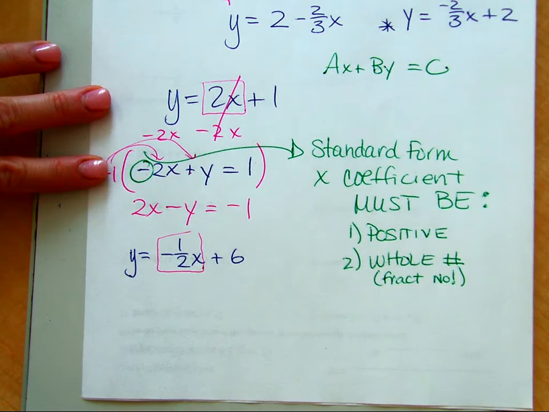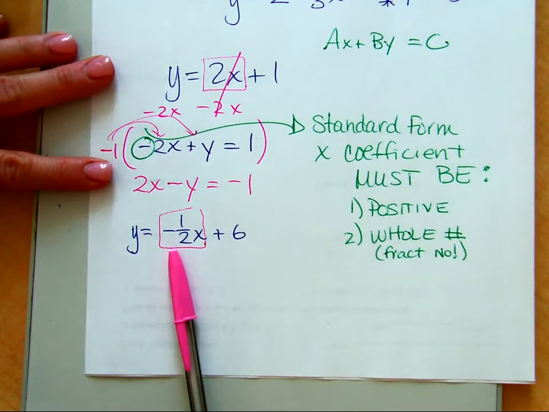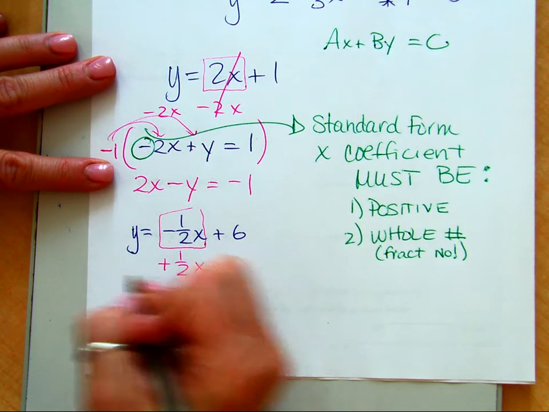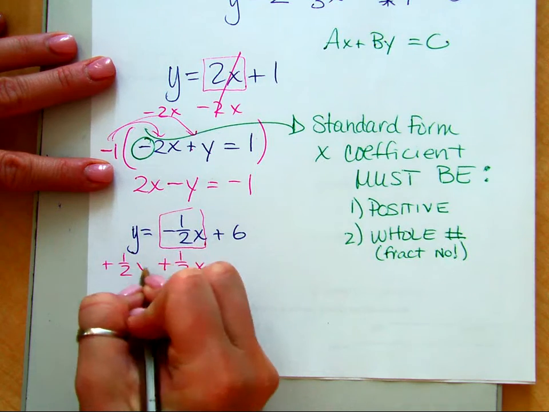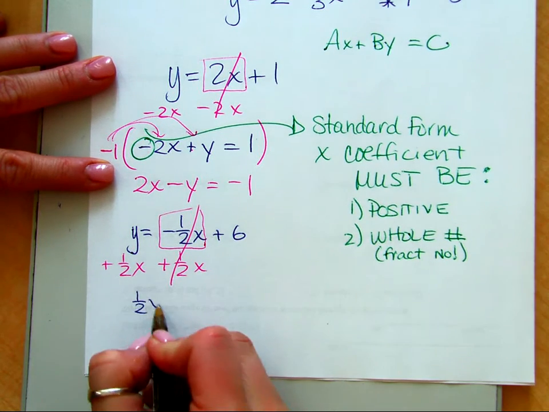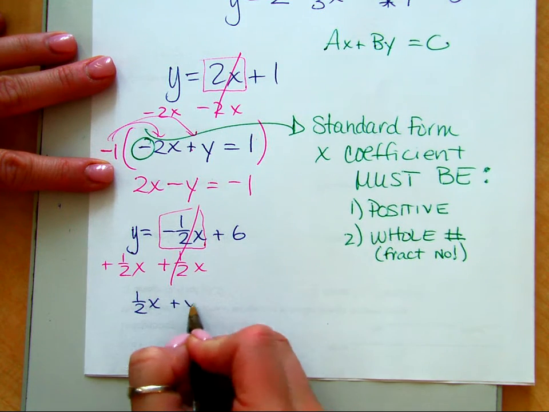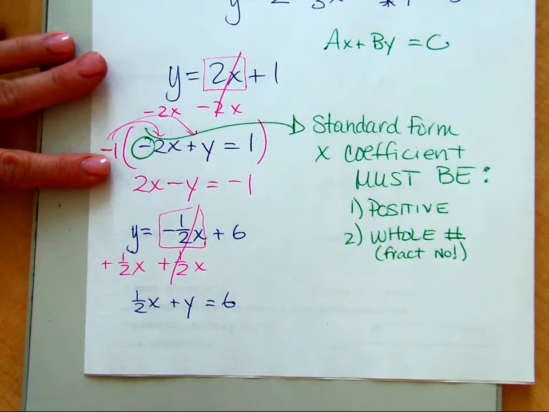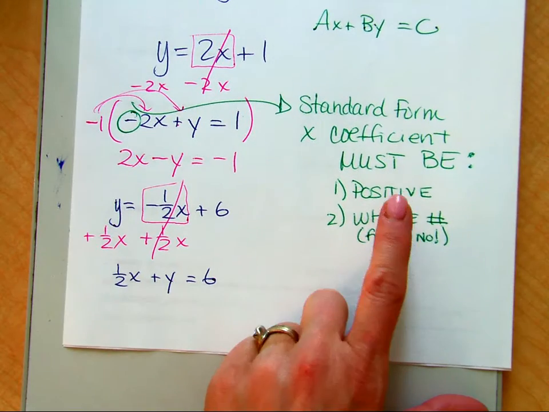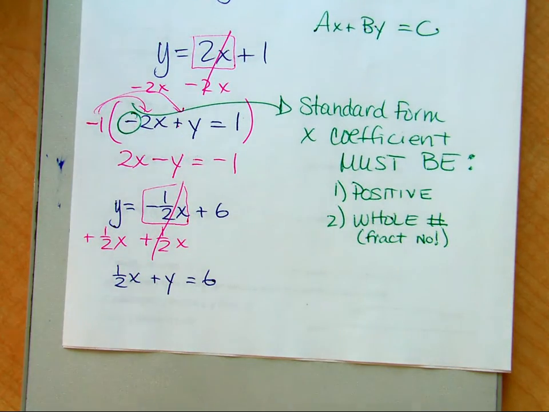And what's going to do the opposite of a -1/2 x? Adding 1/2 x to both sides. It cancels it here. It leaves me with 1/2 x plus the y equals 6. But I'm not in the clear yet because it has to be positive. Awesome, it's positive. But now it's not a whole number.